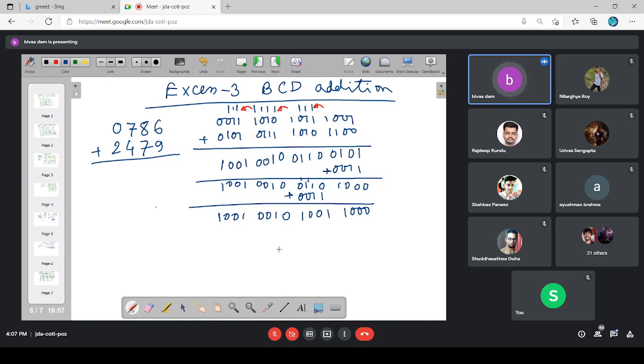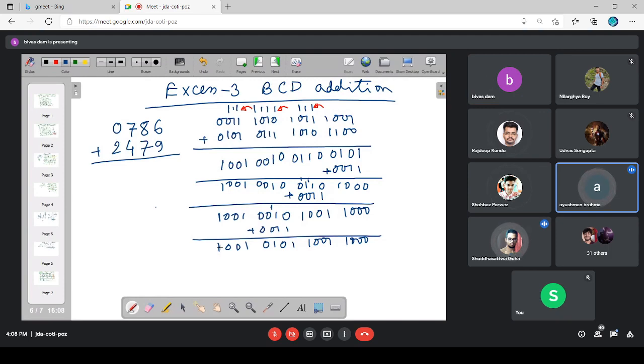Then for this third one also, there was a carry from this nibble to next higher nibble. Finally the most significant nibble. Was there any carry from this nibble to next higher nibble? No, sir. You have to subtract 3.